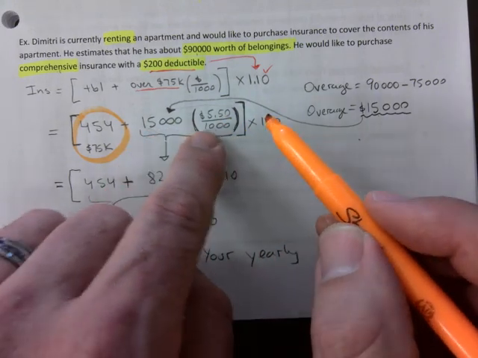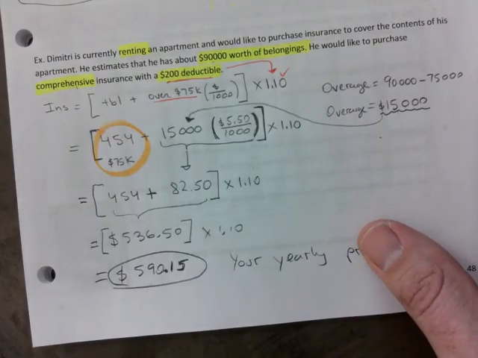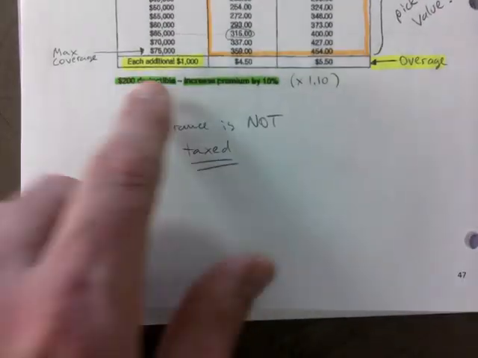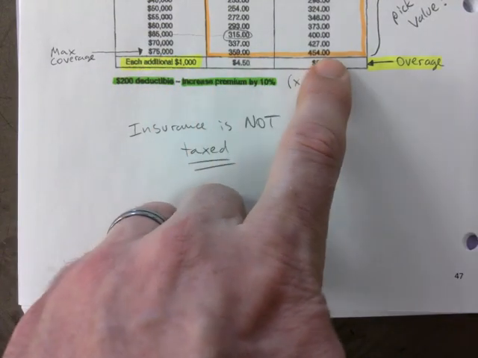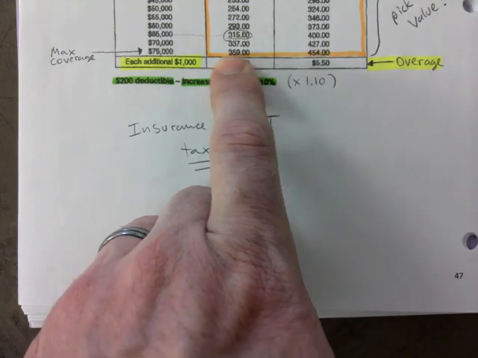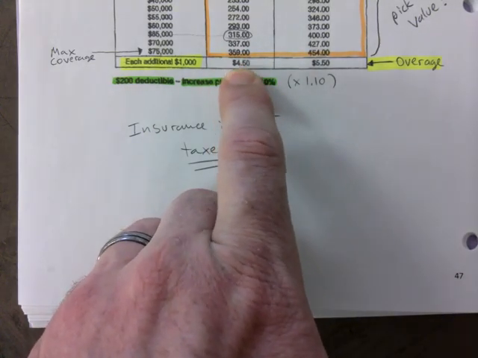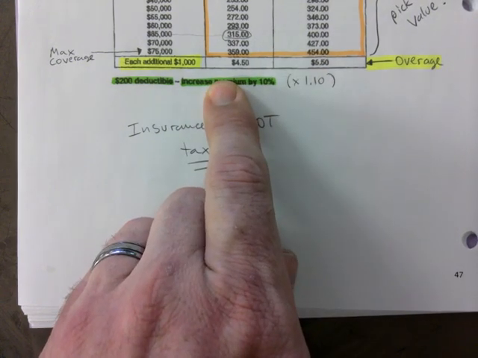So you've got to think of it this way. Let me go back to my table. If you go past the 75 grand, you're going to have to grab either this or that, one of these two numbers, and then multiply what you're over by either 450 or 550, and then obviously divide it by 1,000.